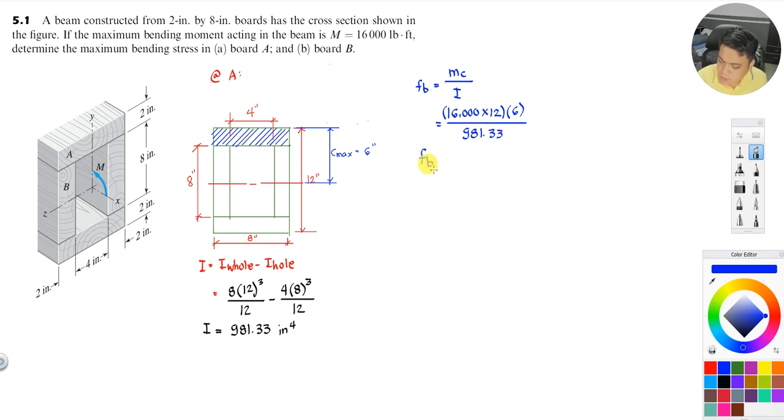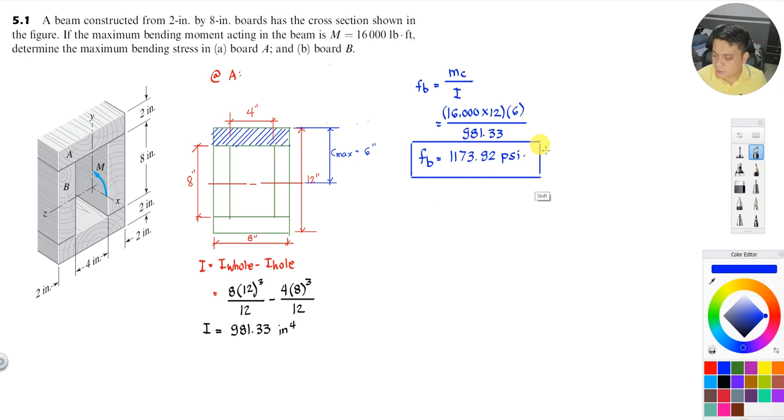So, you can now have the fb equal to 16,000 times 12 times 6 all over 981.33. So, you can have it as 1173.92 psi. Okay? So, this is now for your board A.